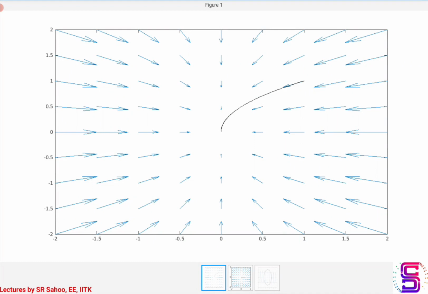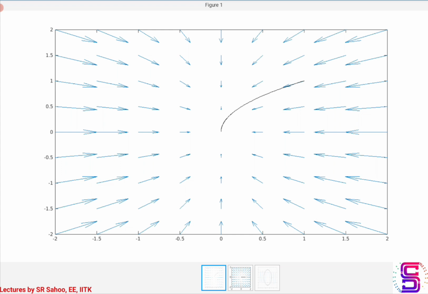Again, the horizontal axis represents x1 and the vertical axis represents x2. So we start at the point 1 1, and if you notice the trajectories, you are actually moving towards the origin. The origin is the 0 0 point here, and the vector associated at the origin is 0. So from here you can conclude that the origin is essentially an equilibrium point.